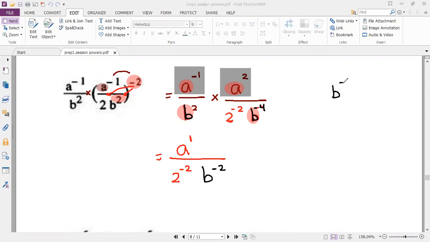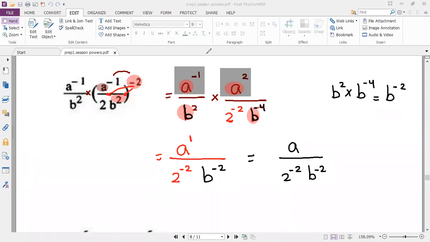Because b to the power of 2 multiplied by b to the power of negative 4 equals b to the power of 2 plus negative 4, add powers, it will be negative 2. I finished it, but I won't write it. It's 2 to the power of negative 2, b to the power of negative 2. I won't write it with the positive powers here.